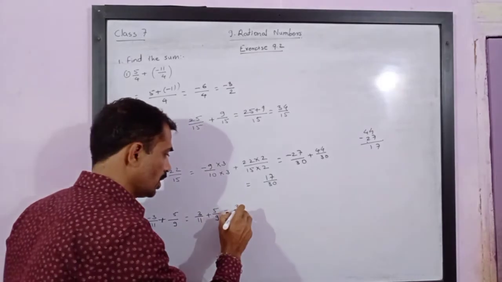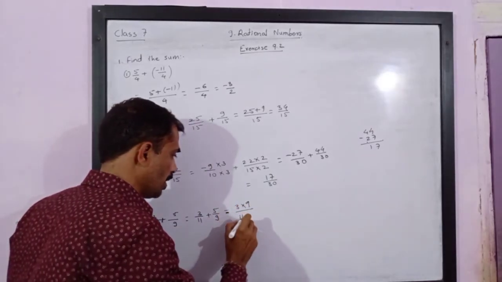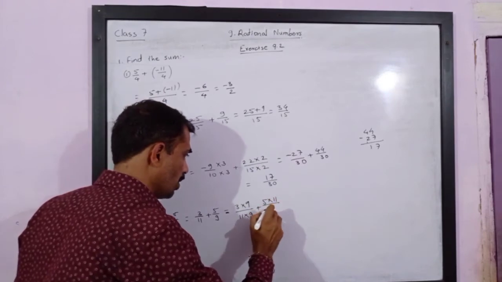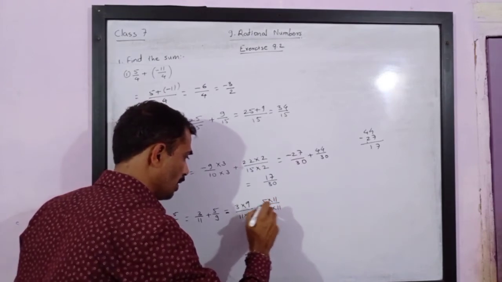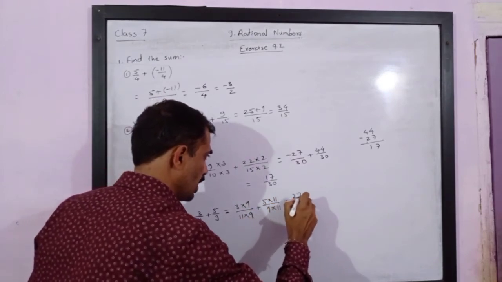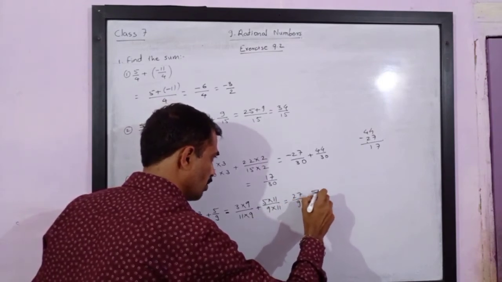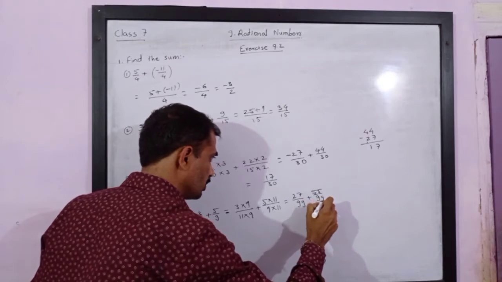So this is equal to 3 multiplied by 9 upon 11 multiplied by 9, plus 5 multiplied by 11 upon 9 multiplied by 11. So the answer is 27 upon 99 plus 55 upon 99.